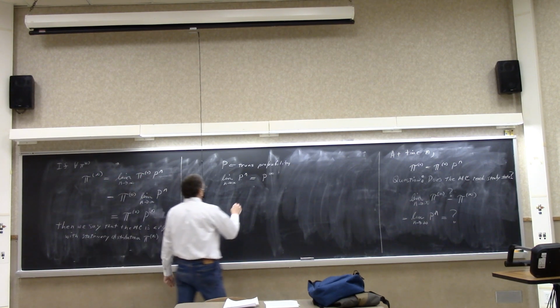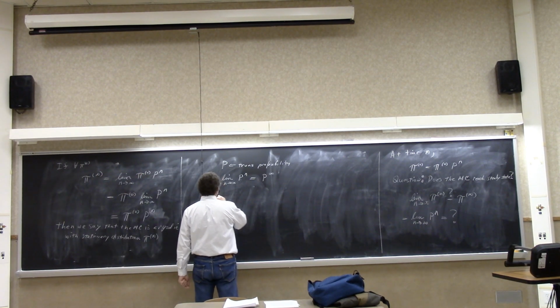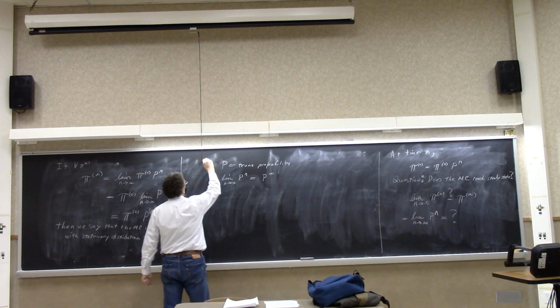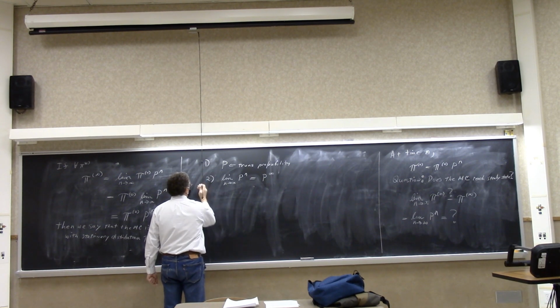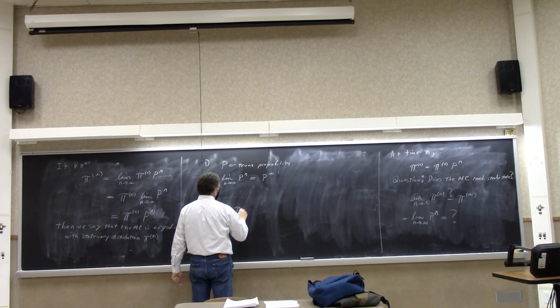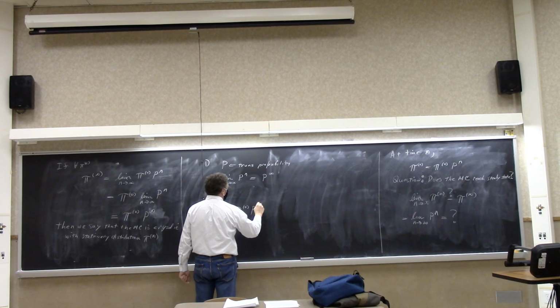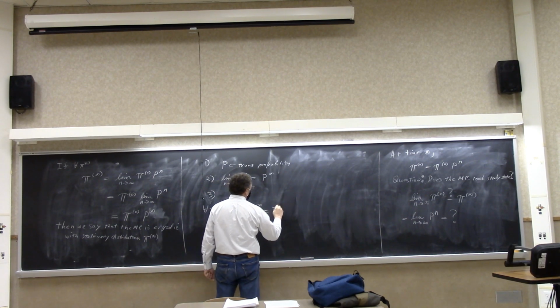Furthermore, we have that, so this is 1, this is 2, and then 3, and then for all pi 0, pi 0 times P infinity is equal to pi infinity.